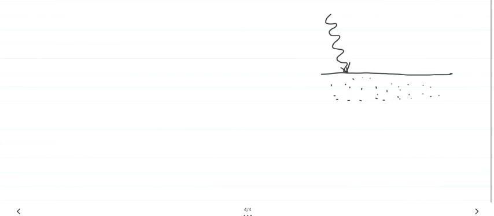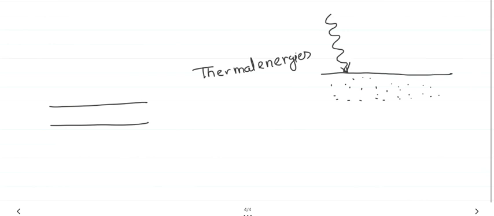You know that the metallic electrons take energies from the surroundings, which is called the thermal energy. And you know that the electrons within the metal, after gaining these thermal energies, have different levels, just like energy levels.